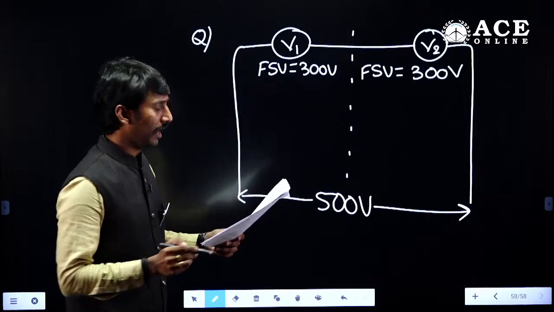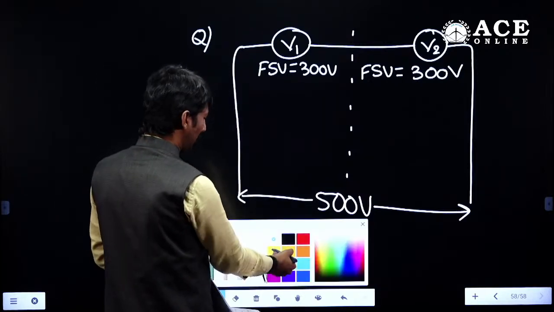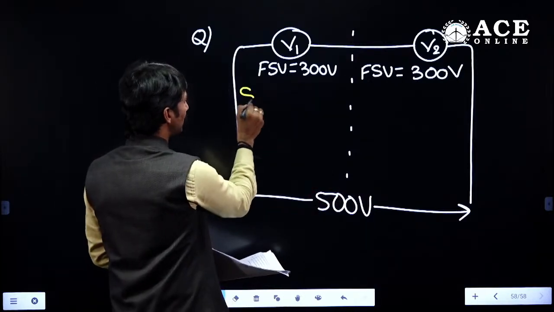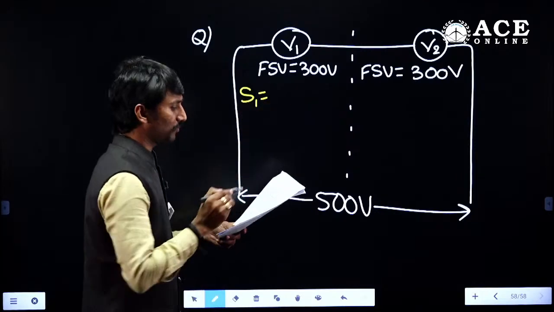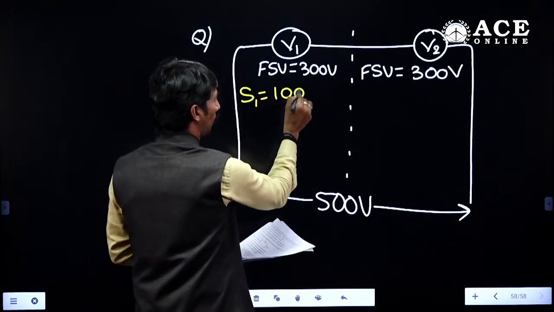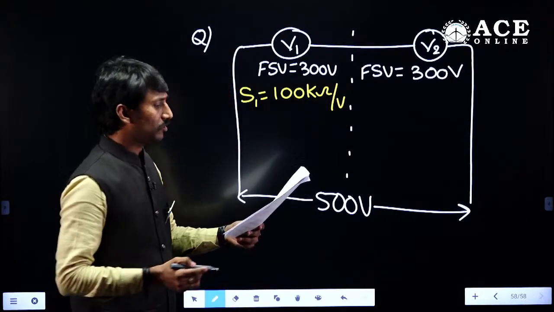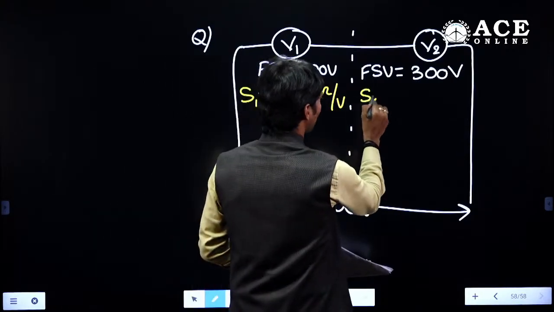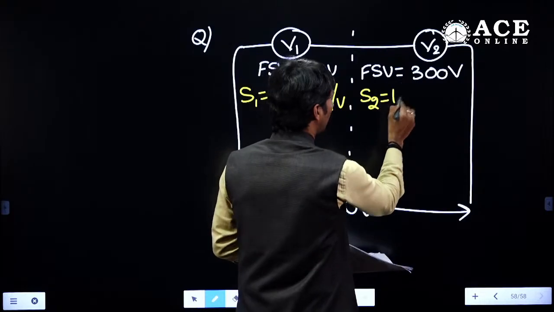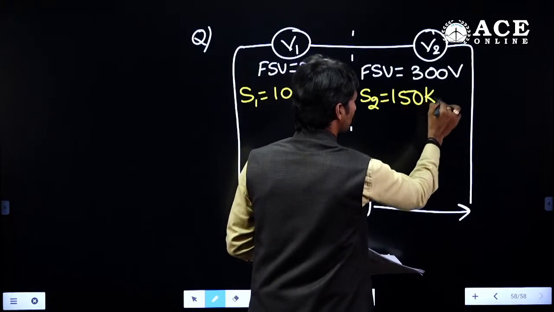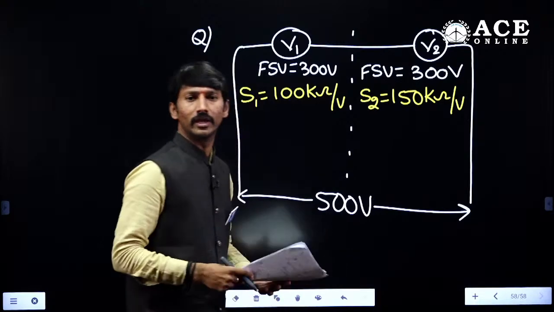Clear? And each meter sensitivity is, that is sensitivity S1 of the meter, that is 100 kilo ohm per volt, and meter 2 sensitivity is 150 kilo ohm per volt.